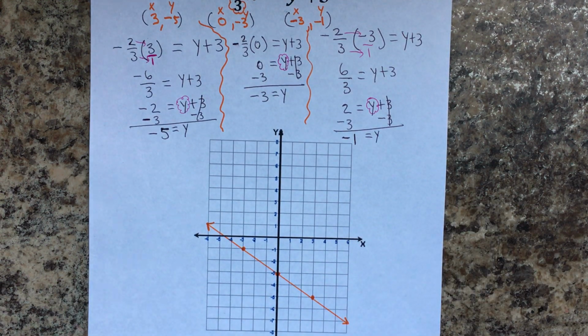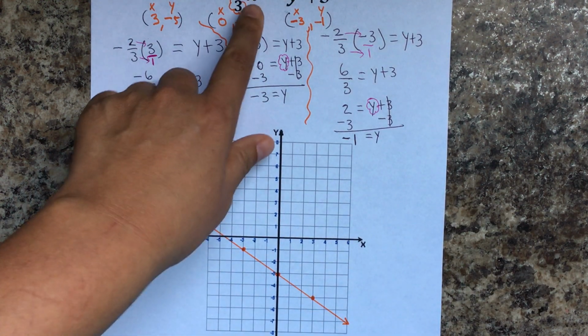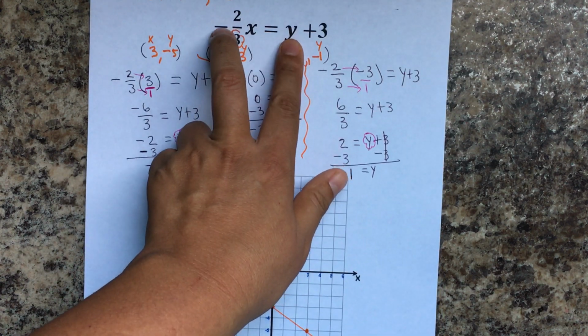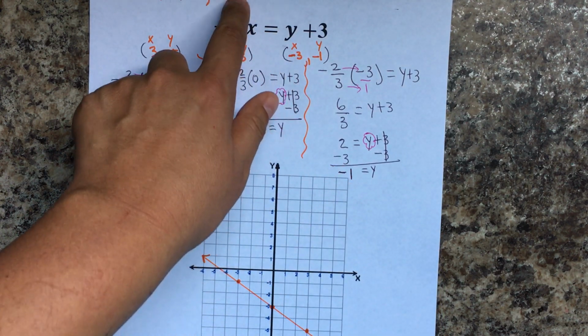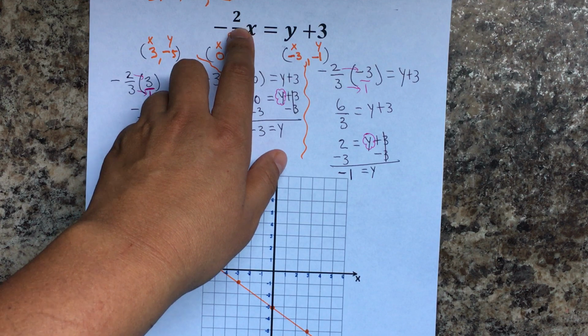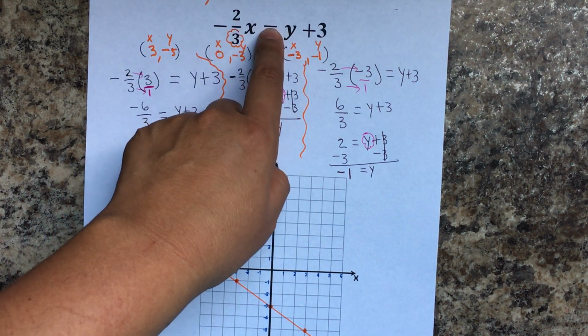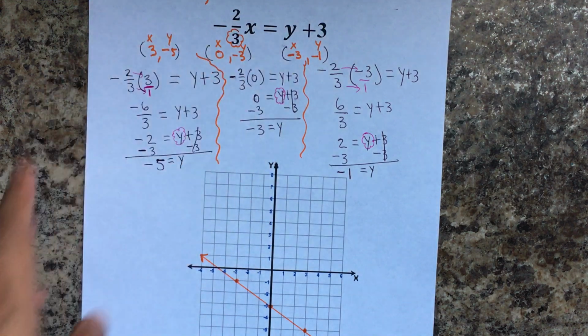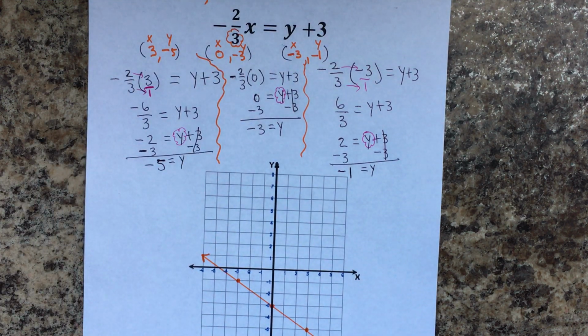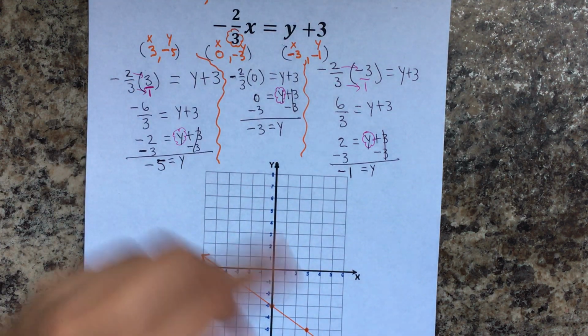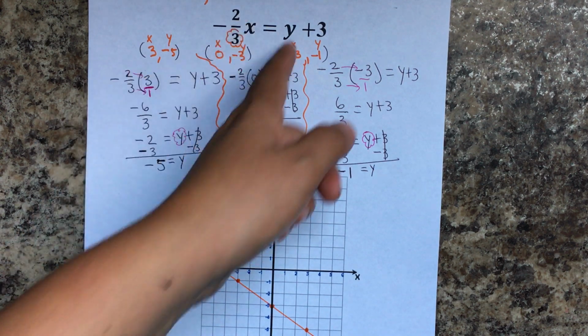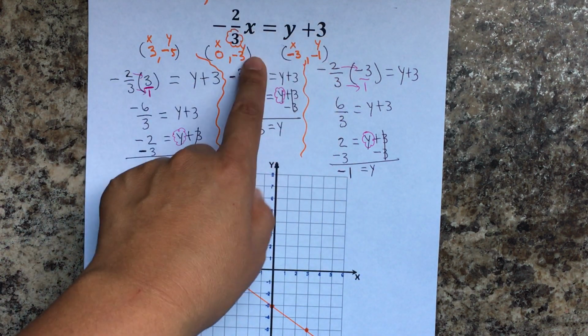So when do we choose plotting points? When we do not have either y alone in here or both x and y to the left of the equal sign. Okay, that's when we choose plotting points. Remember that you can even choose this one and move it around, manipulate the equation.